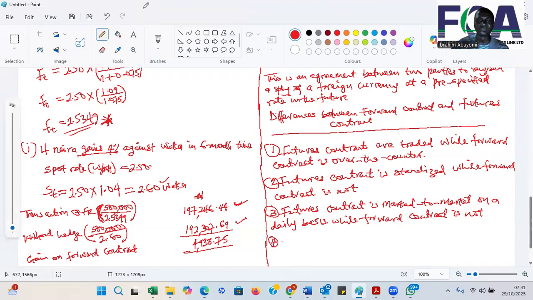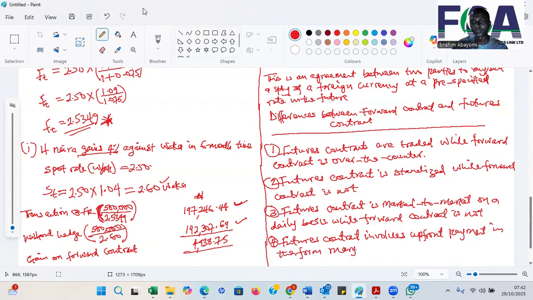Number four, futures contract involves upfront payments in the form of margin requirements, while forward contract does not.